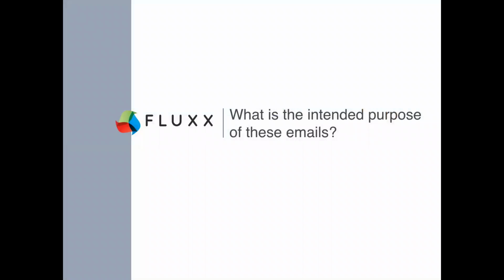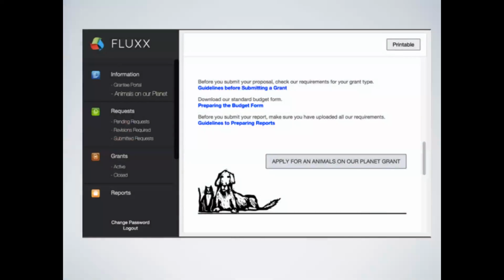Now, let's go over what is the intended purpose of these emails. These emails are intended to automate processes within your Flux instance. For example, when a new user is created in your system, they will automatically receive the new user email if you have it enabled.